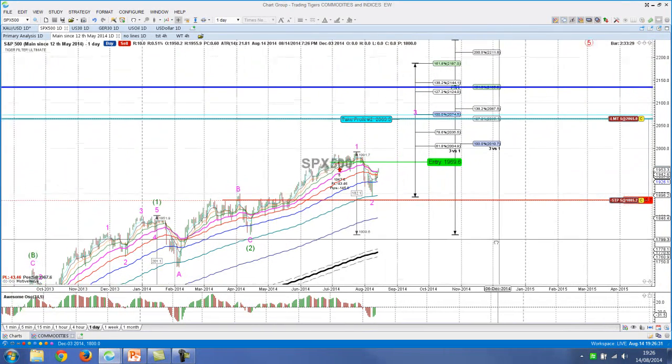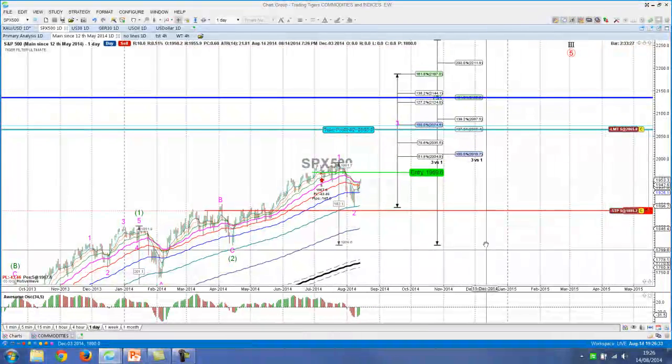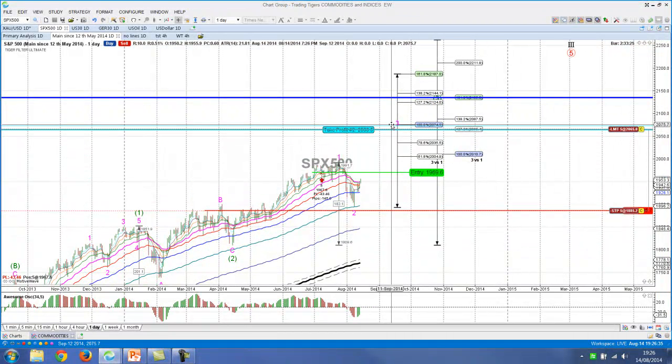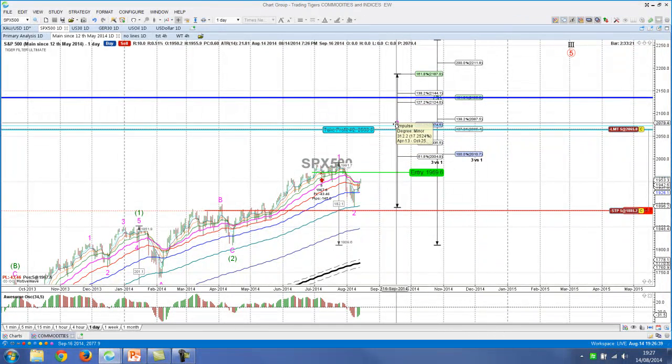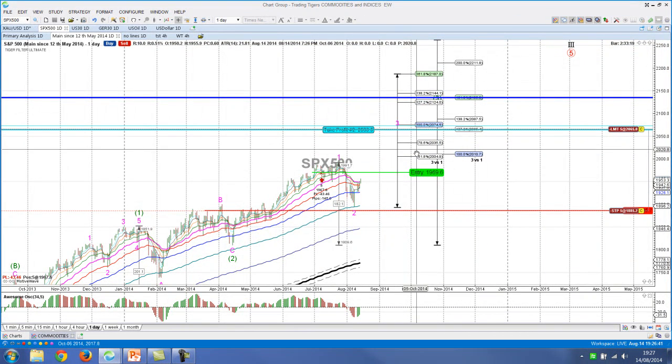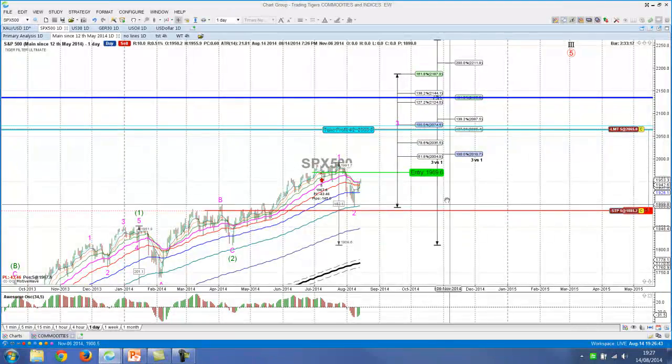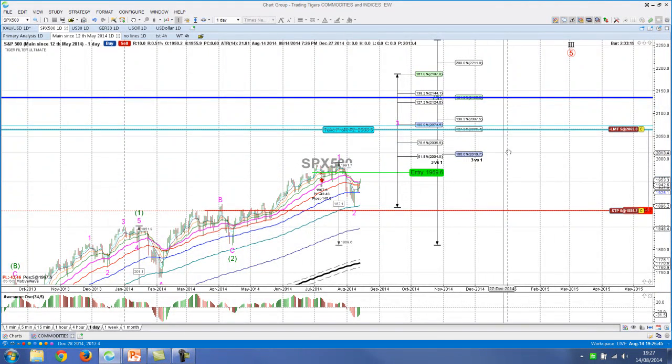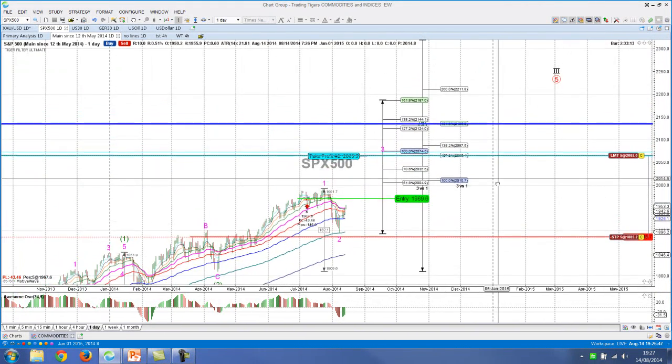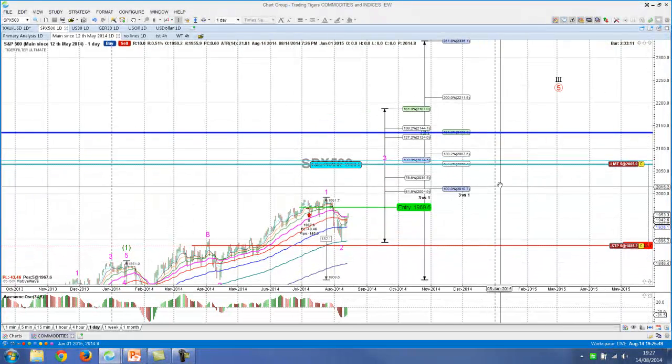You've got a very strong confluence area at 2075. That's the wave 3 completion at the 100%, but also the 127 mark for the larger wave pattern is around there.